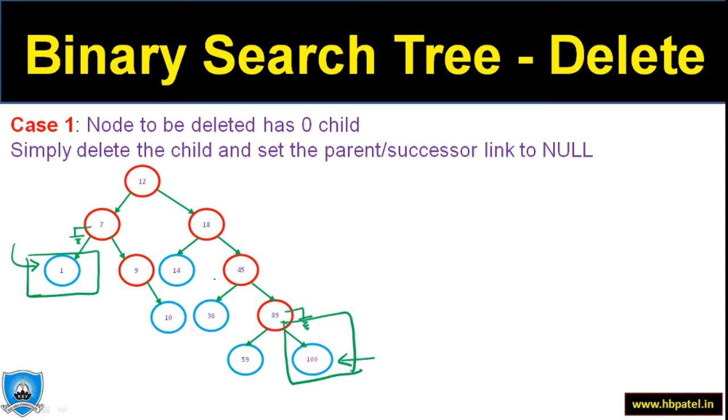And likewise you can do it for anyone. For this one, if you wish to delete 36, the left pointer of 45 will be set to null, and then we will free the memory of 36. So this is the first case wherein you can delete a node with 0 child.